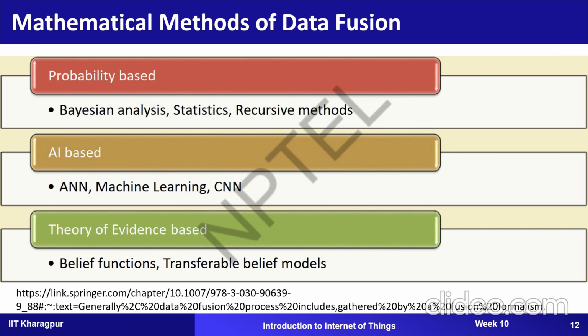Then theory of evidence based, in which belief functions and transferable belief models can be used. I have given one link here which will provide you the detailed study of all these methods. If you want to get more idea about these methods, you can go through this link.